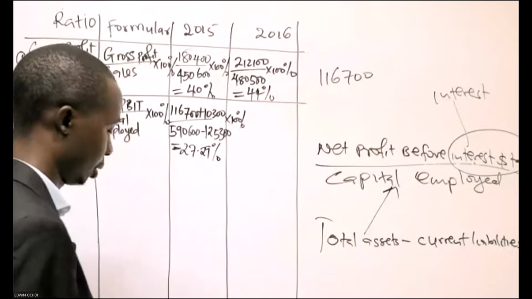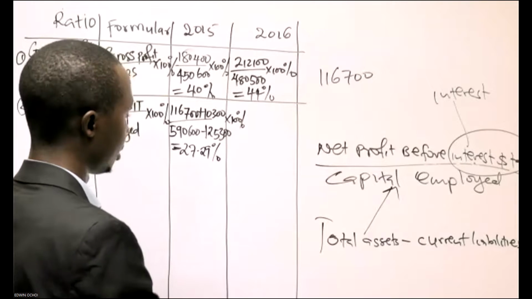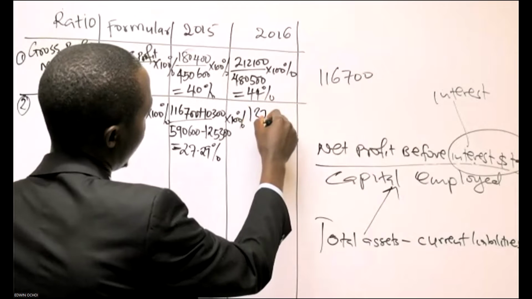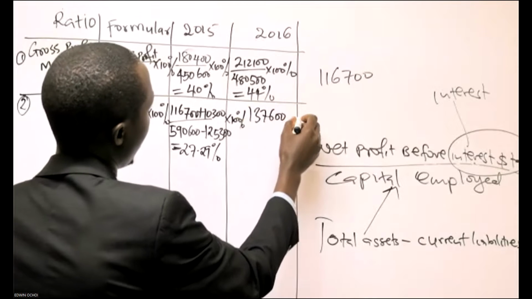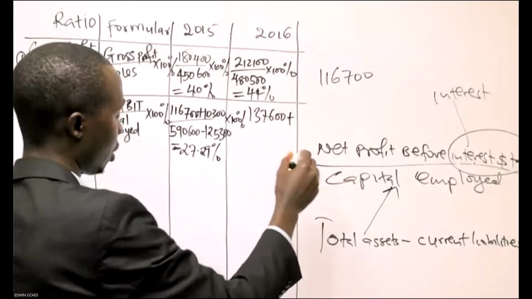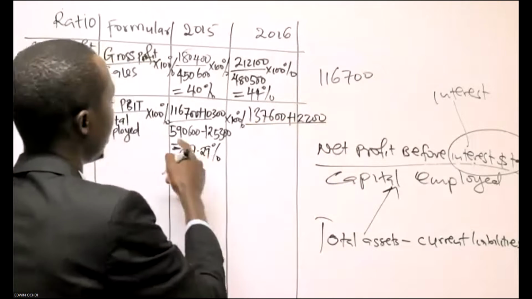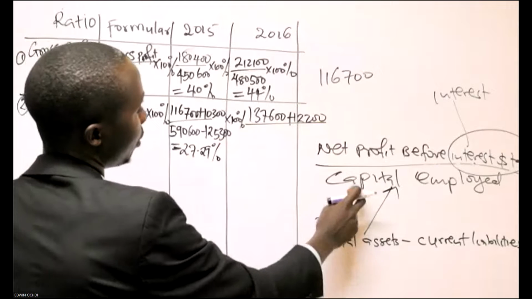Net profit before tax is 137,600. Add back the 12,200. Then now, capital employed is total assets.